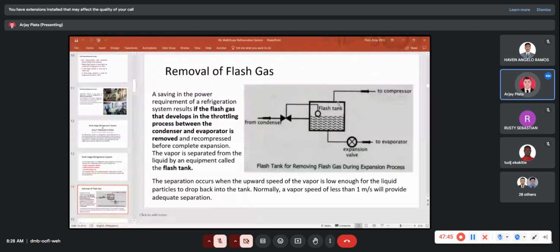As you can see here on our screen, the purpose of this flash tank is to contain the separated vapor and liquid. The separation occurs when the upward speed of the vapor is low enough for the liquid particles to drop back into the tank. Normally, a vapor speed of less than 1 meter per second will provide adequate separation.